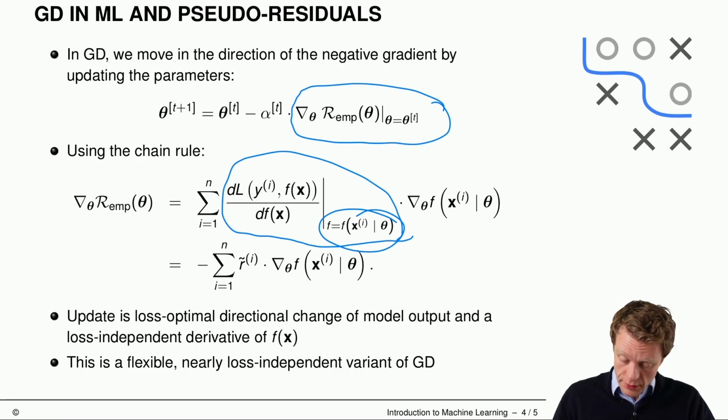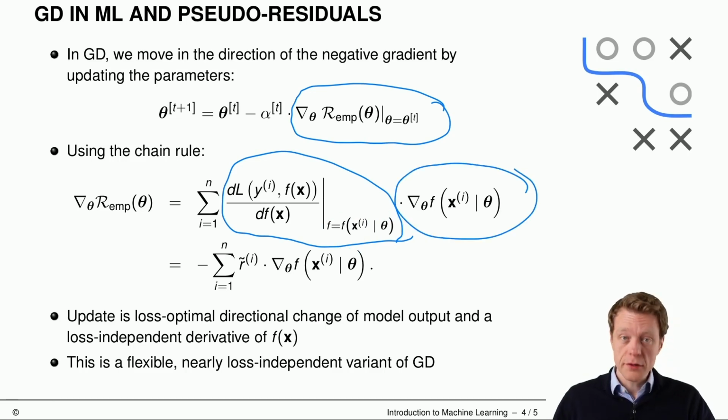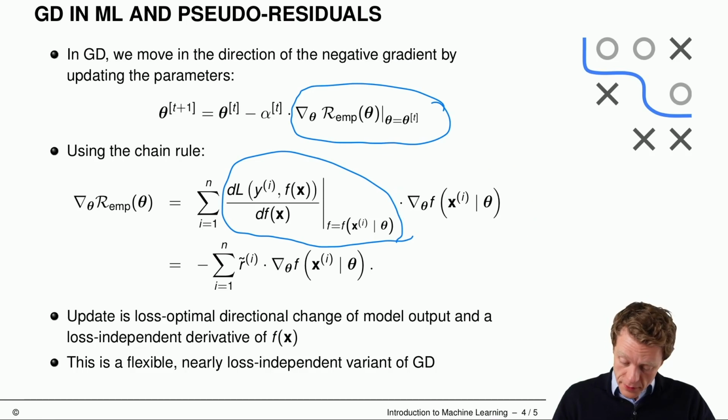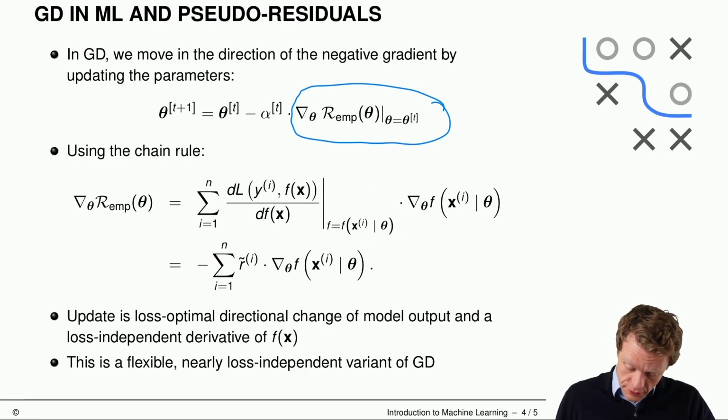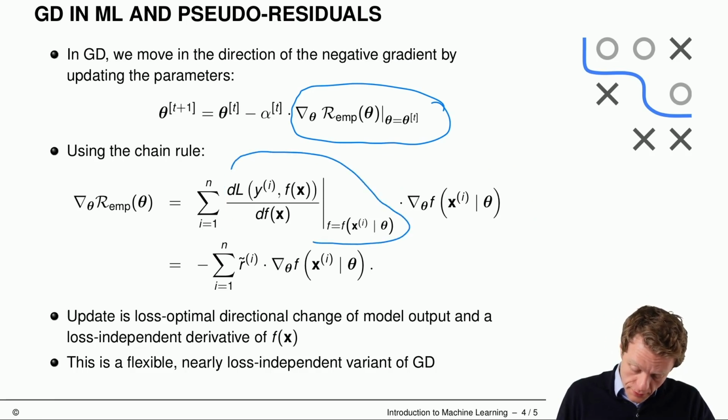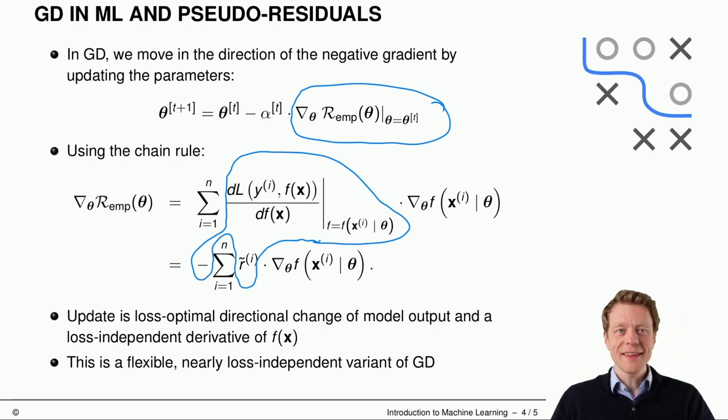That's not so important here. And then with the chain rule, we have to take the inner derivative, so we have to derive f with respect to theta. But if you look at this closely, then you will see that this thing here, and now I have to cover the minus as well, is exactly the negative pseudo-residual, right?